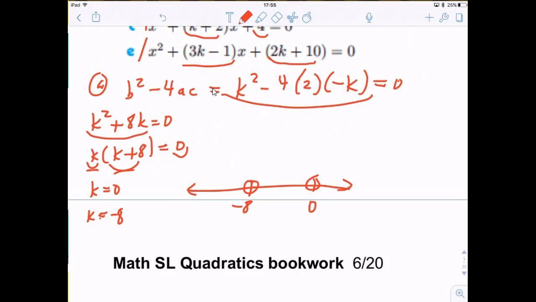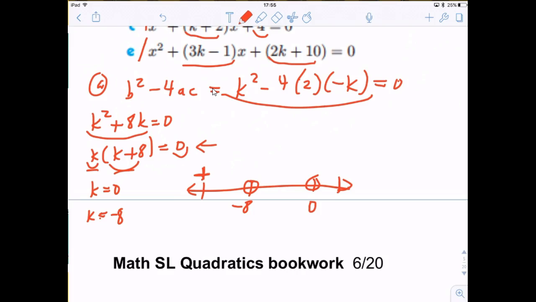Now I'm going to test a big negative value, like -100. If I put -100 into this one here, I'm going to get a negative number, like -100 times -92. Two big negative numbers multiplied times each other gives a positive number, right? So I know that all the values to the left of -8 are positive numbers, right? And then I'm going to test a value to the right, which is like positive 100.